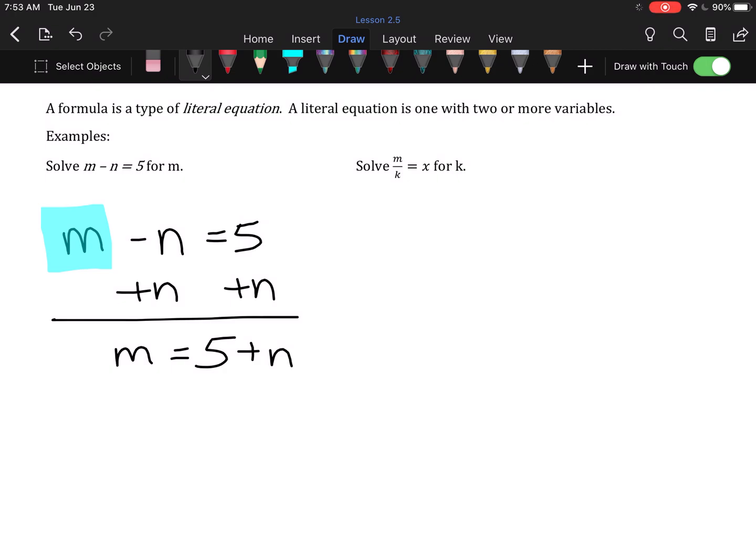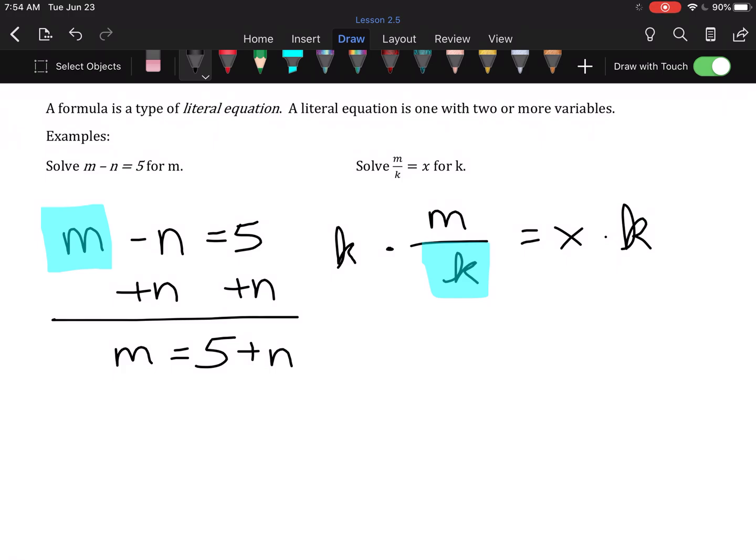Next equation, solve m divided by k equals x for k. Okay, now this one you want to pay attention to. So hopefully you've watched the video this far. When the thing we're solving for is in the denominator of a fraction, step 1 is to kill the fraction, which means we're actually going to do something with the thing we're trying to get by itself.